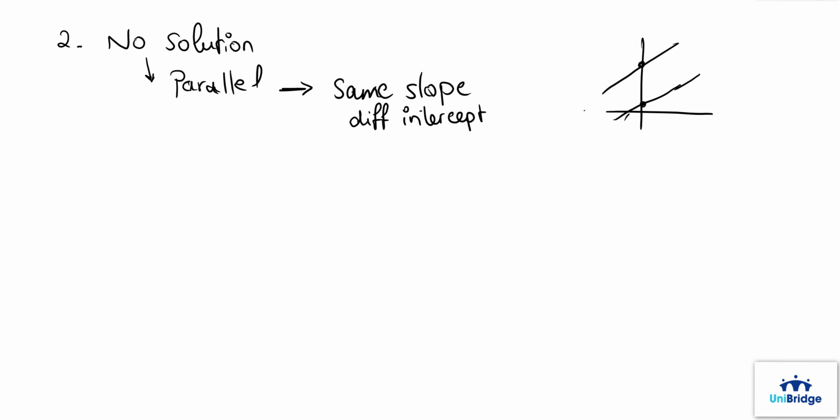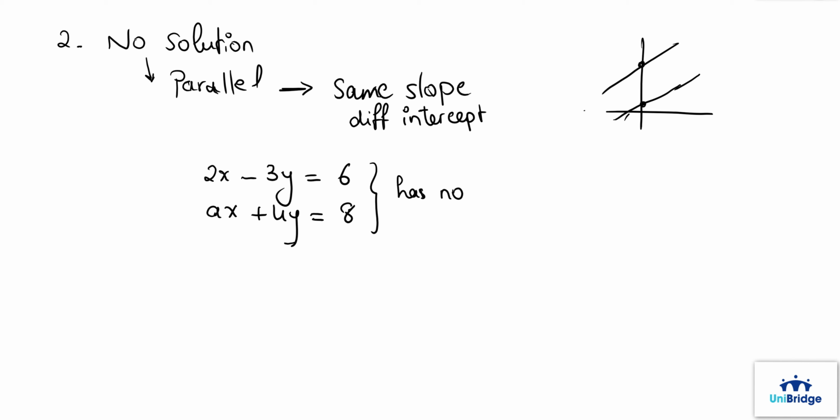So how does the question come? You have one of two setups. He might tell you, let's say, 2x minus 3y equals 6, and ax plus 4y is equal to, let's say, 8, and that the system of equations has no solution.